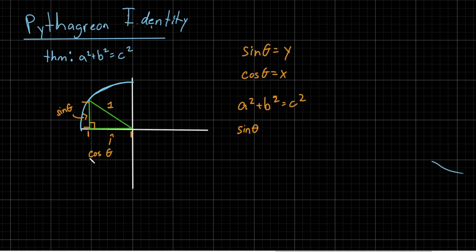Positive. And cosine is what? Negative. Perfect. So sine squared plus our other side, so negative cosine of theta squared equals what? 1. And I'm going to say it's squared for now, but it's just going to equal 1.